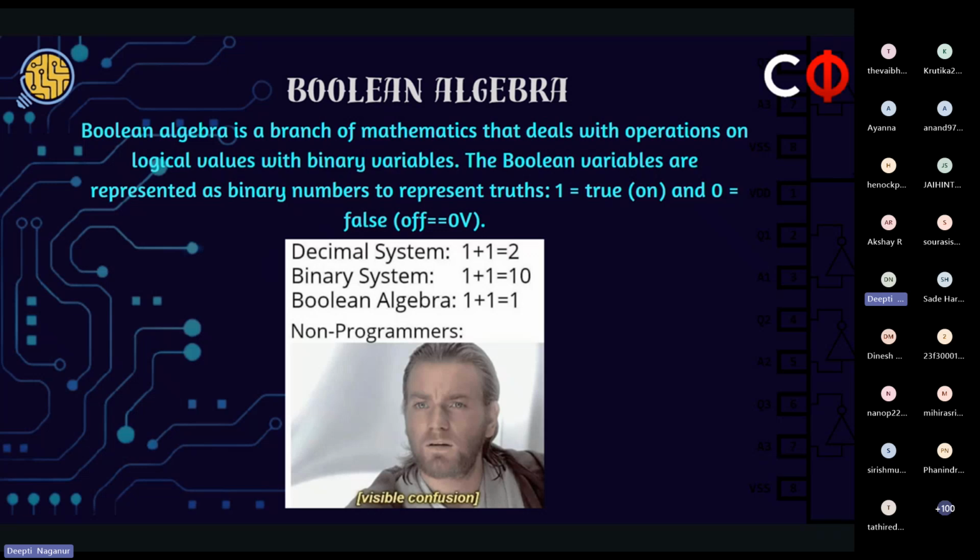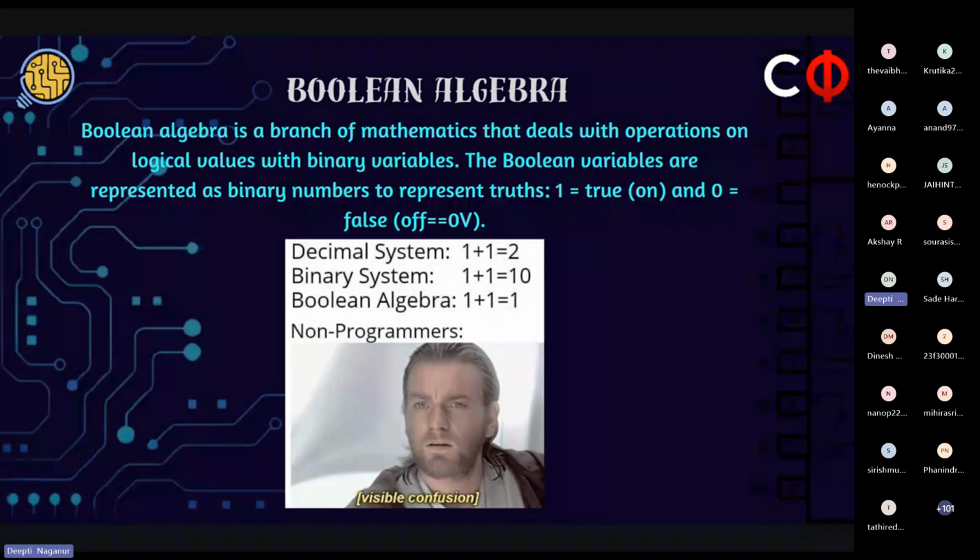Now we will come to Boolean algebra. What is Boolean algebra? Boolean algebra is a branch of mathematics that deals with operations on logical values with binary variables. The Boolean variables are represented as binary numbers to represent truths, that is 1 equals true or on, and 0 is equal to false, which is off, also same as 0 volt, or not supplying volt.